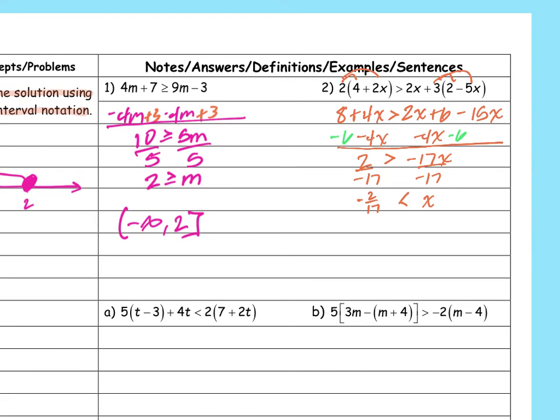If I was to sketch a quick graph of this, I'd have negative 2/17, open, and x is greater than that, so it's going to go this way. So I would have negative 2 over 17 to infinity. Beautiful.